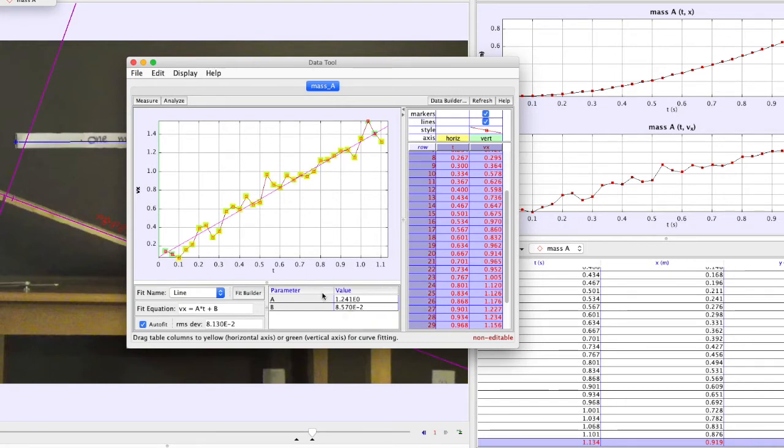So this is great. And when I go back to the equation that we used to figure out the coefficient of kinetic friction and do those calculations, we will notice that the coefficient of friction is equal to 0.21.